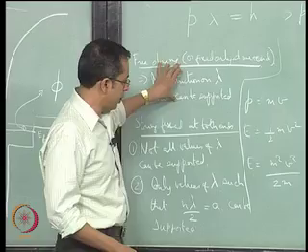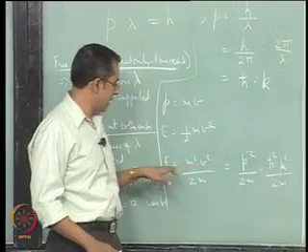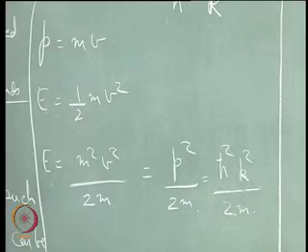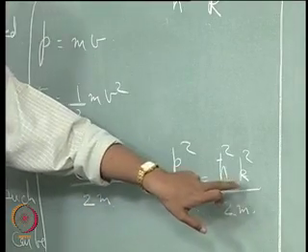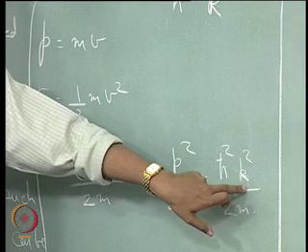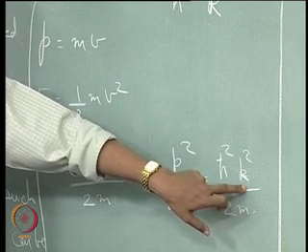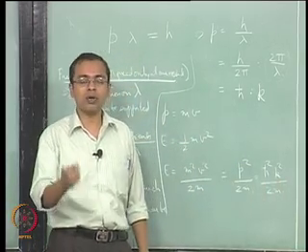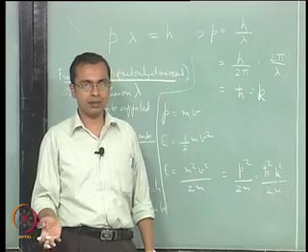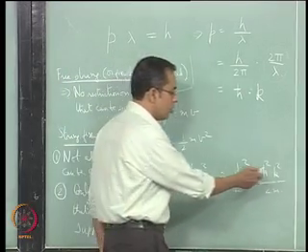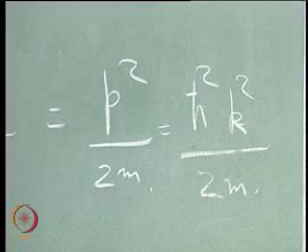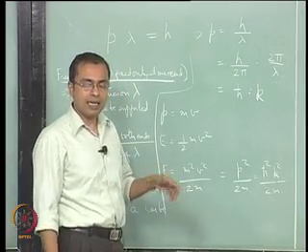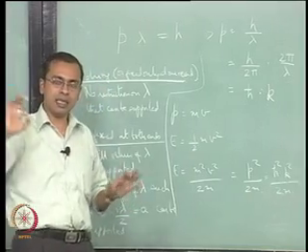If you now employ that on the equation E equals h bar square k square by 2m, since there is no restriction on the value of lambda, any value of lambda can be sustained by that string, there is no restriction on the value of k, which is simply 2 pi by lambda, alright. So there is no restriction on the value of energy, because in other words continuous values of energy can all be demonstrated by that system.